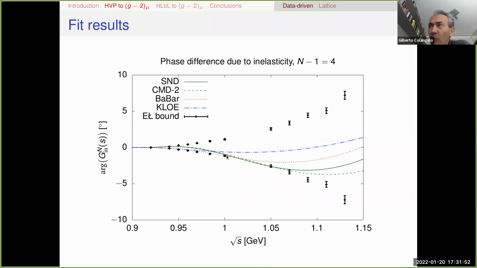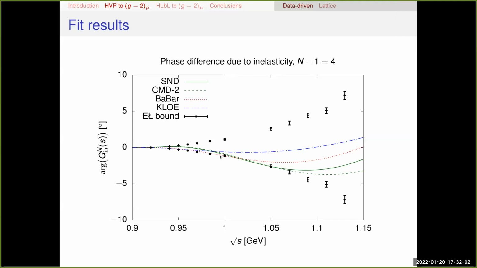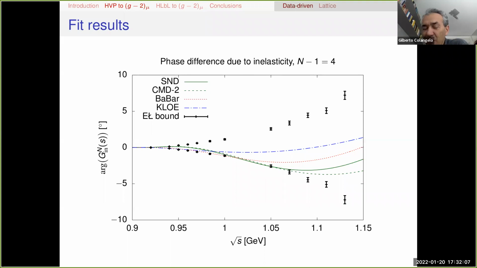And so you see that compared to the main contribution coming from pi-pi, this inelastic one is tiny. Moreover, what I'm showing you here is only the inelastic phase, but for each of these curves there will be an elastic phase which will be slightly different, so this is not representative of the real difference for the total form factor. I hope this is... okay, thanks.